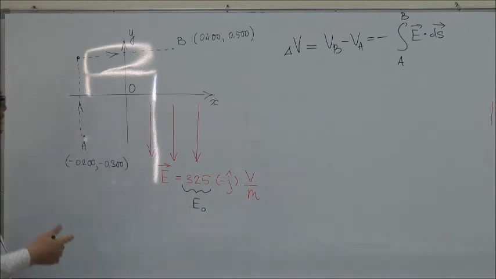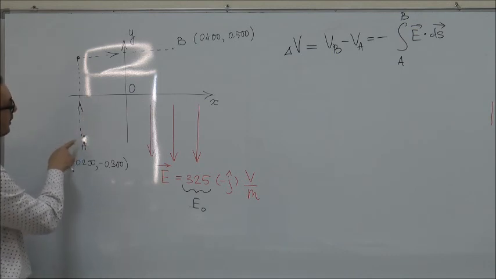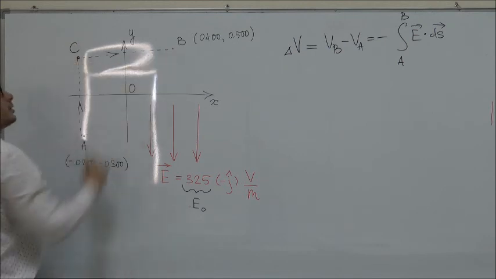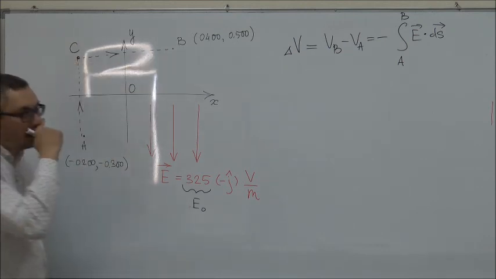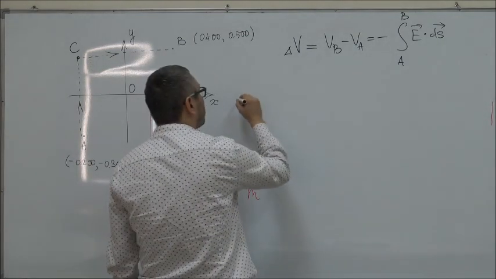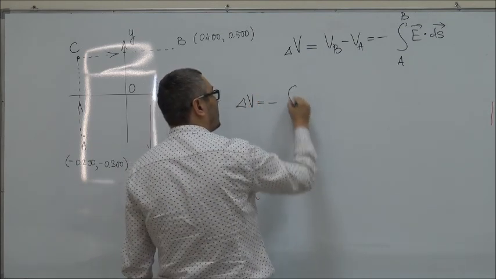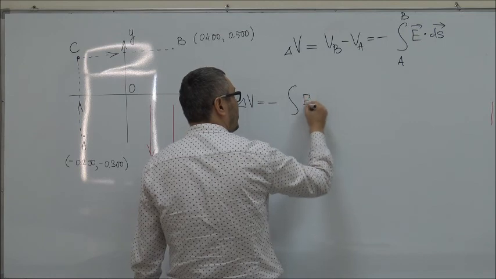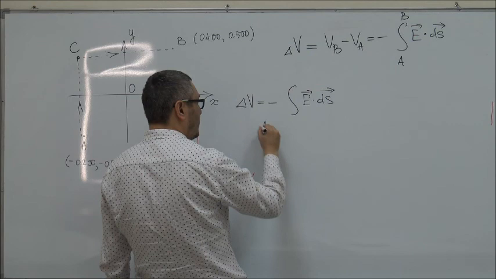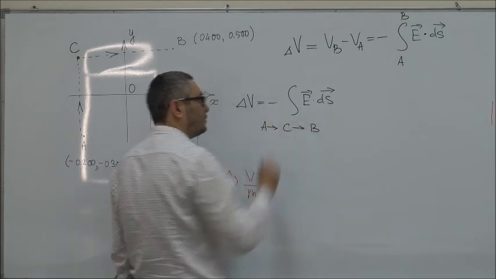And so it's suggested in the question to choose this path to solve for delta V. So we first go straight up, let's say to point C, and then to the right from point C to point B. Okay, so we can then say that delta V is equal to minus the integral of E dot ds from point A to point C and from point C to point B.